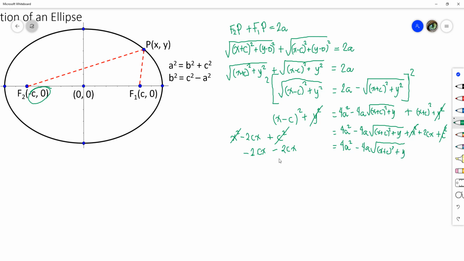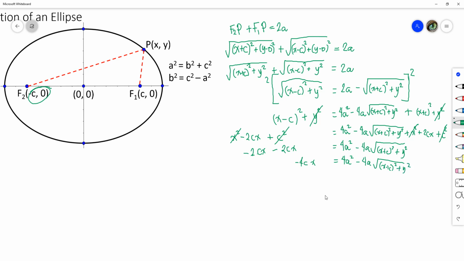So y squared. I forgot to write the squared. Now, here, we can add these two terms. So that becomes negative 4cx is equal to 4a squared minus 4a square root of the squared quantity x plus c plus y squared.